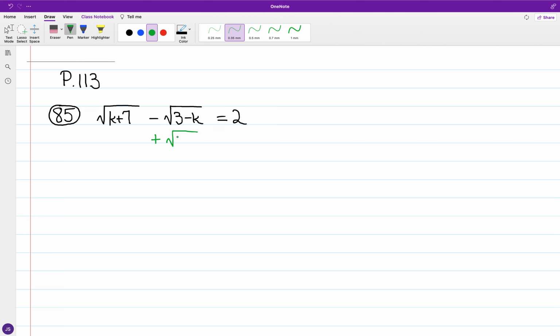In doing this, on the left hand side we have the square root of k plus 7, which is equal to 2 plus the square root of 3 minus k, with the square root of k plus 7 by itself.